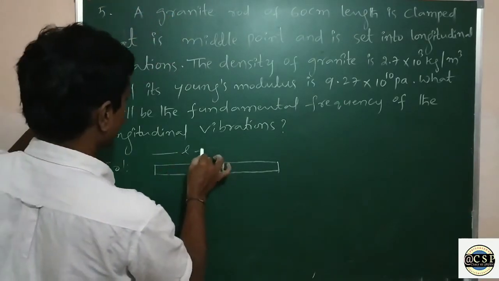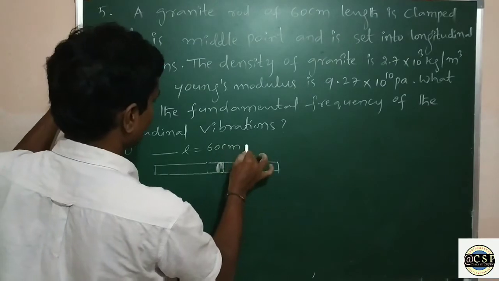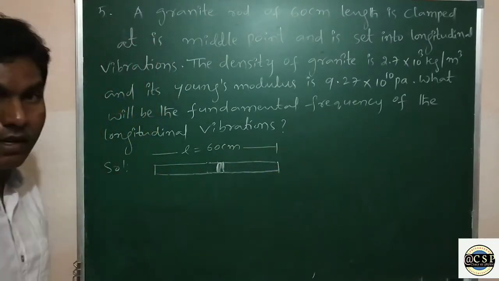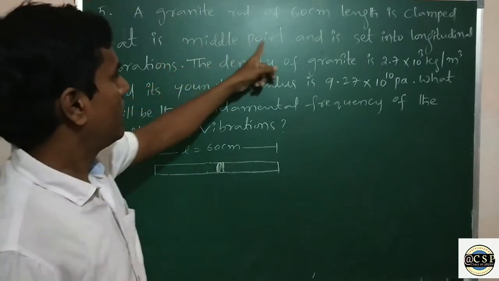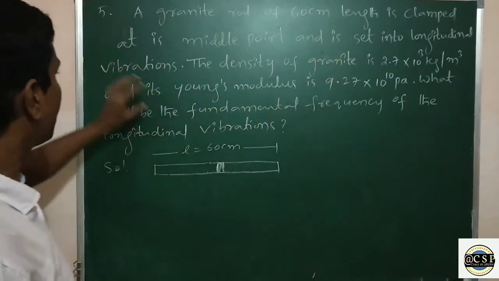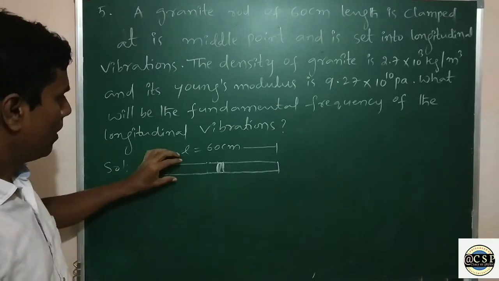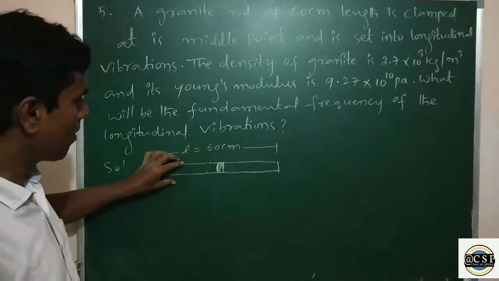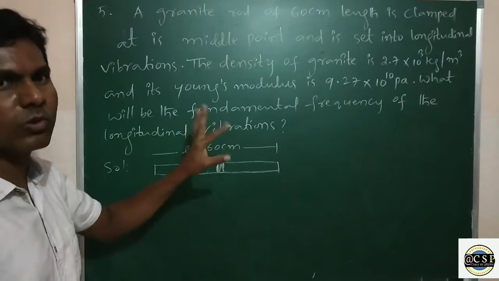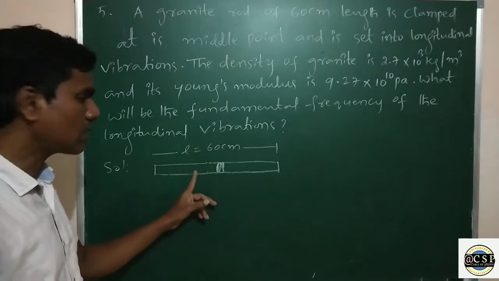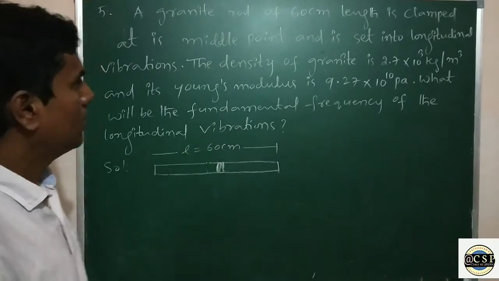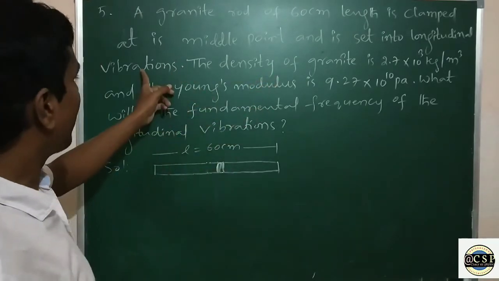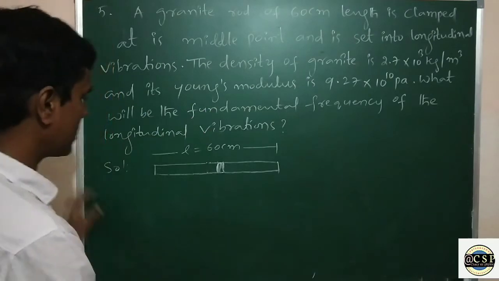Its length is 60 centimeters. It is clamped in the middle point of the rod, and is set into longitudinal vibrations. Okay, it can produce longitudinal vibrations at two ends, but it is attached with a clamp in the middle. So longitudinal vibrations, the density of granite is given.